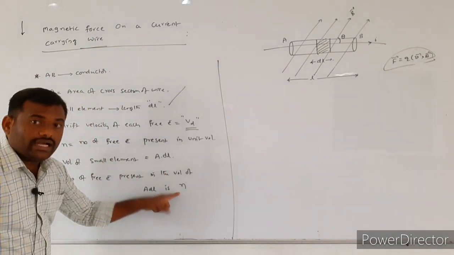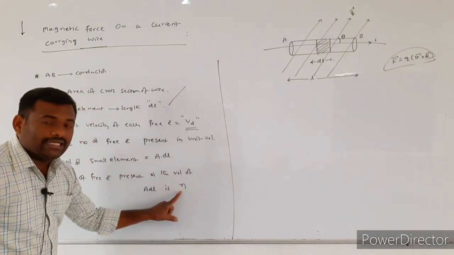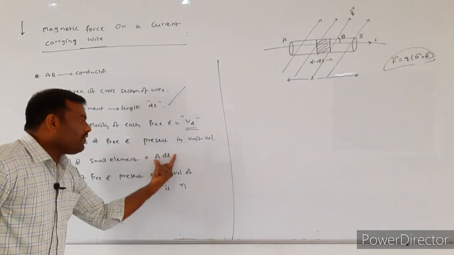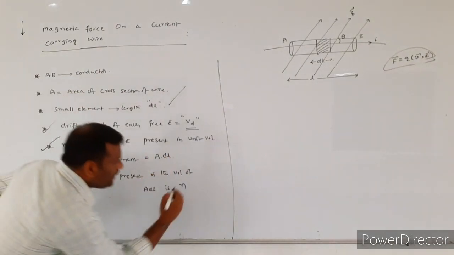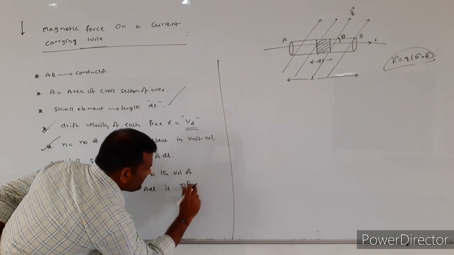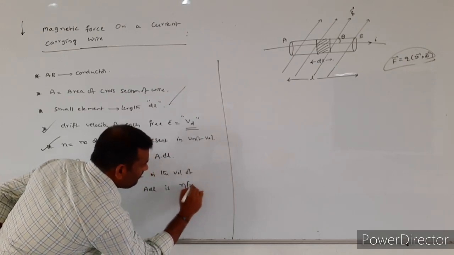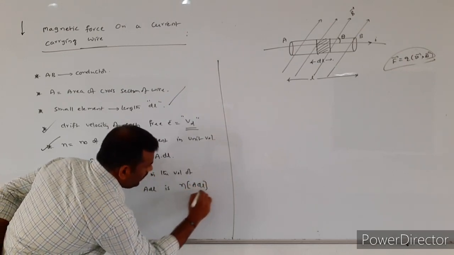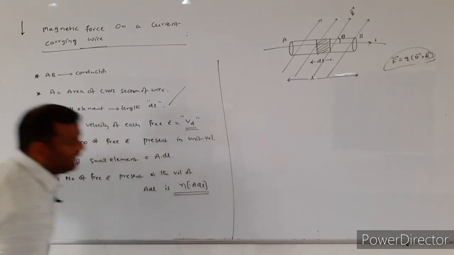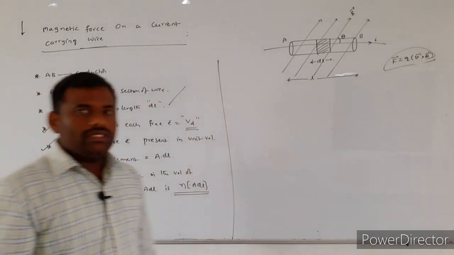So in a volume of A into dl, the number of free electrons is equal to n into A into dl.